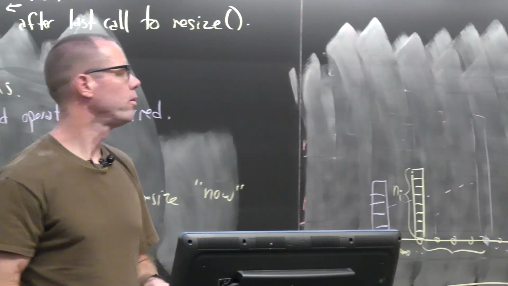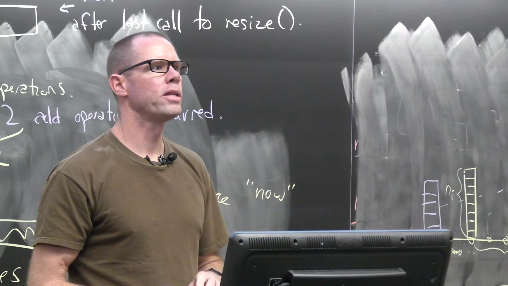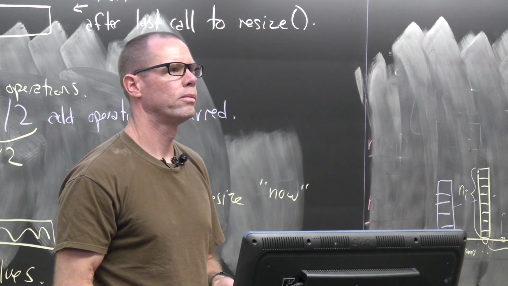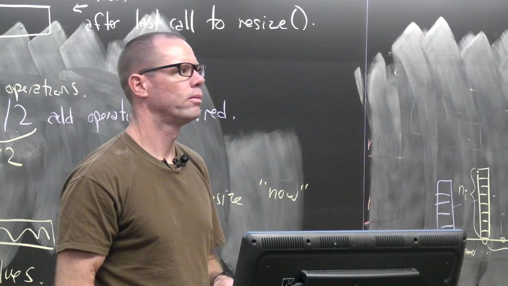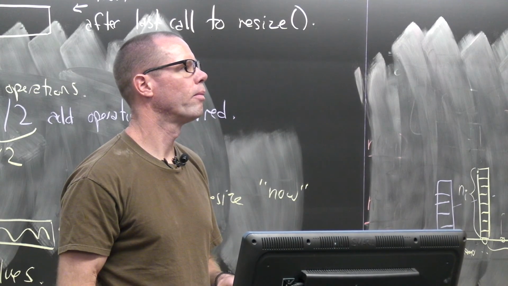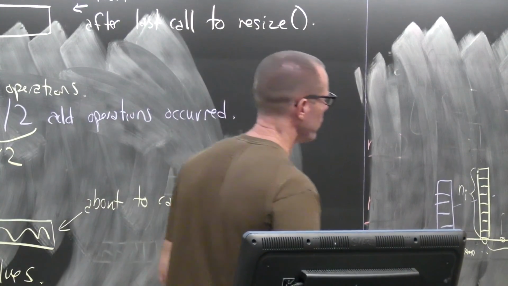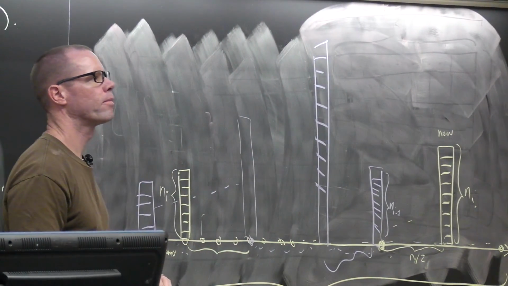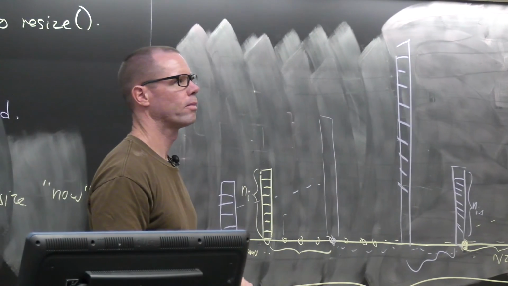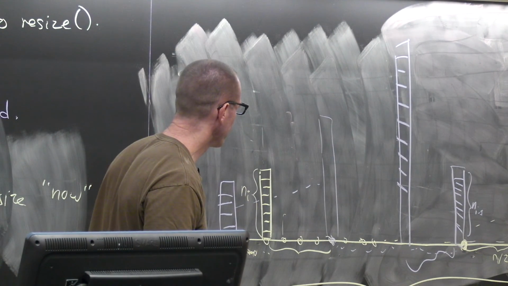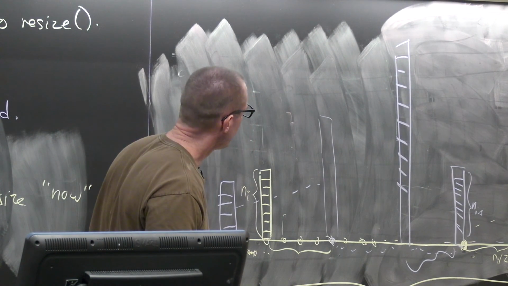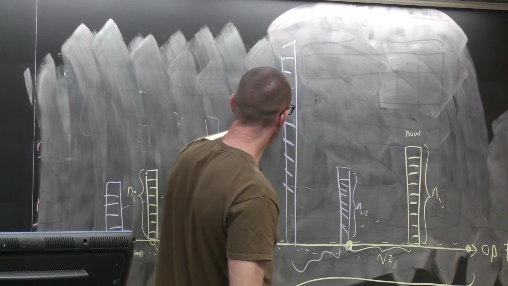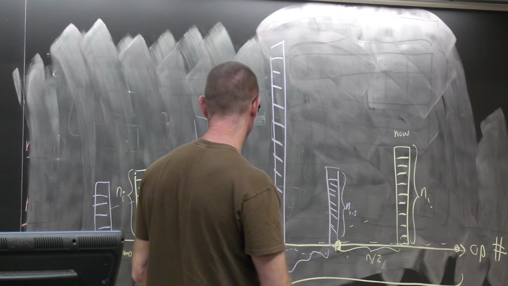Now, how tall can those stacks be in total, as a function of m, the length of this picture? Well, I know that I can take this stack here and break it in two.